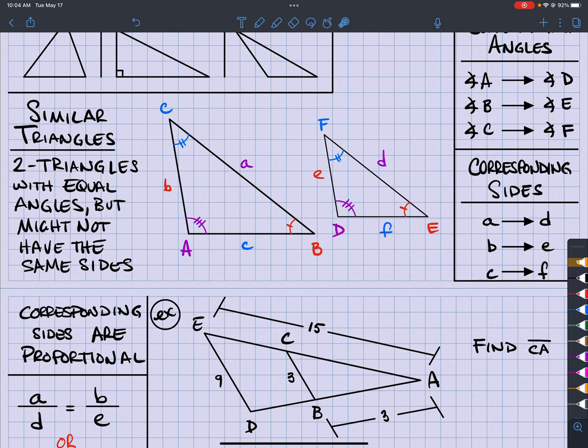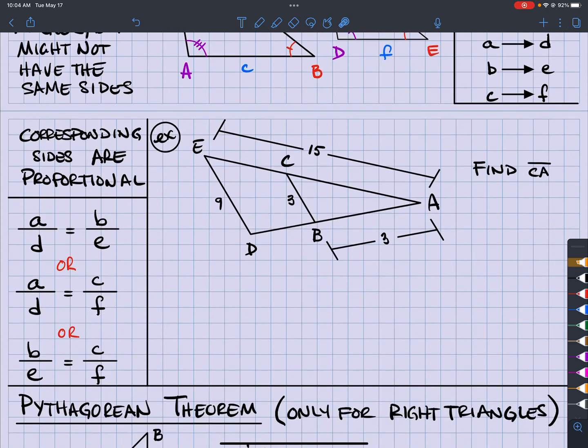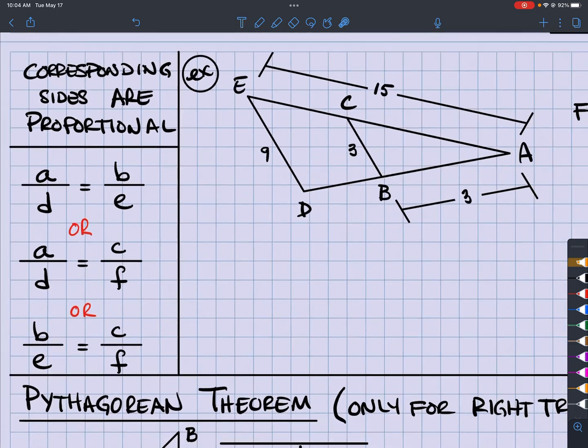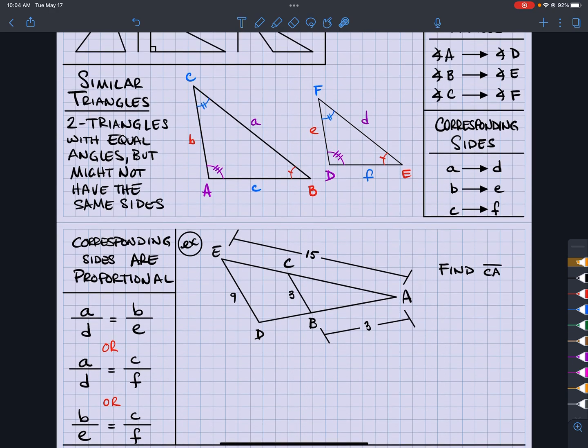The nice part about similar triangles is that their corresponding sides are actually proportional. Meaning that if I put A over B, that's going to be the same ratio as D over E. So purple over red is the same as purple over red.